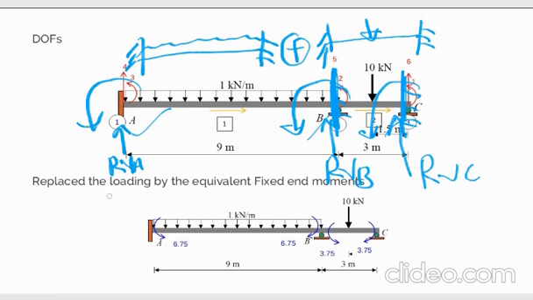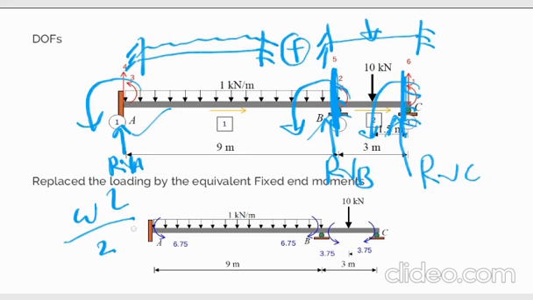How can I do that? For a fixed end, reaction A equals WL over 2, that is the load times L, the length of member number 1, over 2.